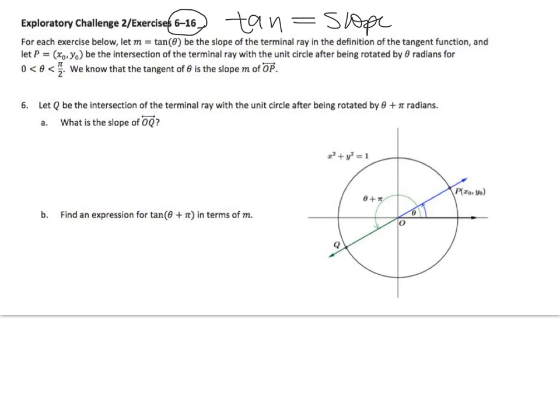So tan equals sine over cosine, which is y over x, which is slope. So as we graph y equals tan x, that's what we're going to discover is our slope. So for each exercise below, let m equal tan theta, our slope, be the slope of the terminal ray in the definition of the tangent function, and let p equal xy.